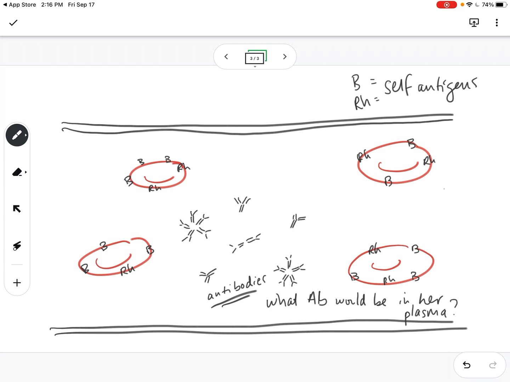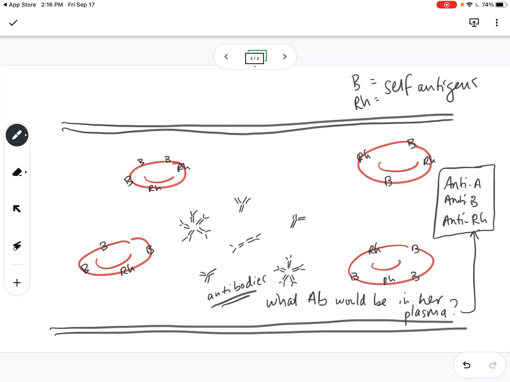Antibodies generally come in flavors, right? So you can have anti-A, anti-B, and anti-rhesus. The question for you to answer, just pause and think about this before you proceed in watching the video: which of those would be present in her plasma? Would she have anti-A antibodies? Would she have anti-B antibodies? Would she have anti-rhesus antibodies?